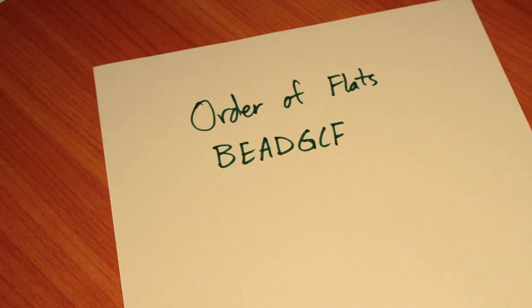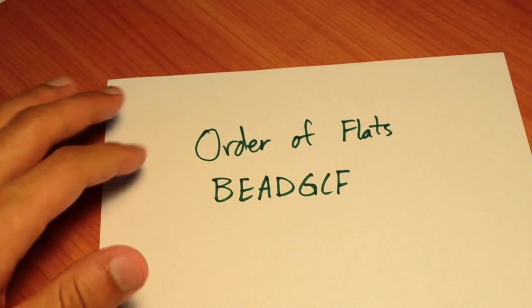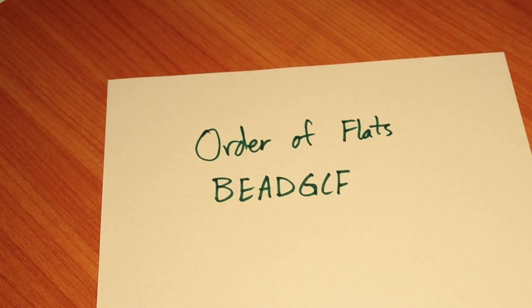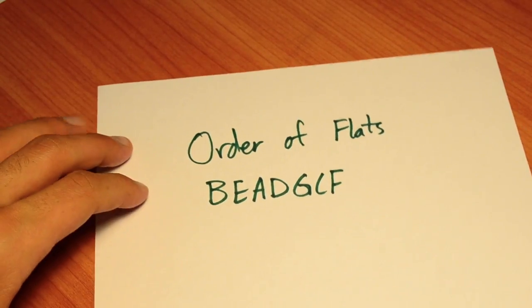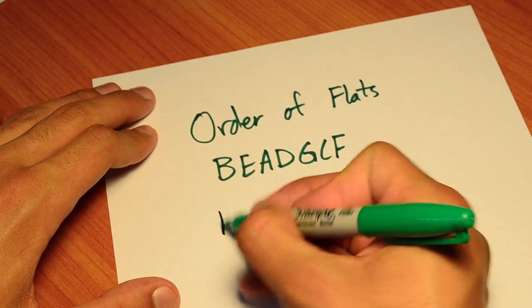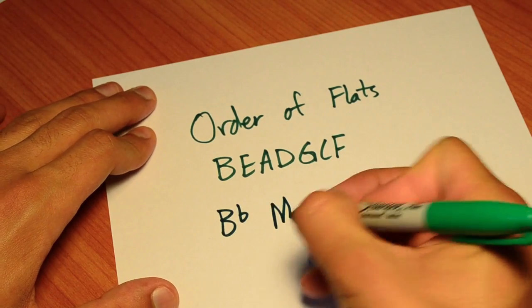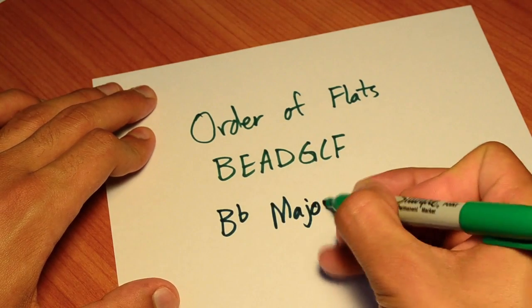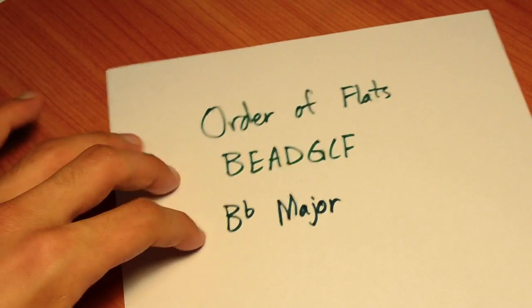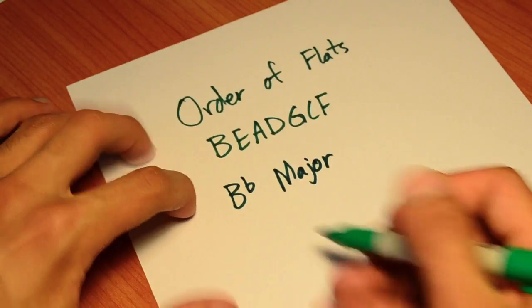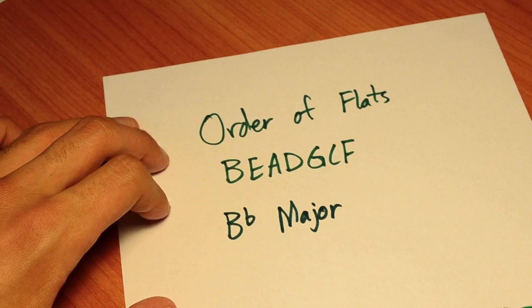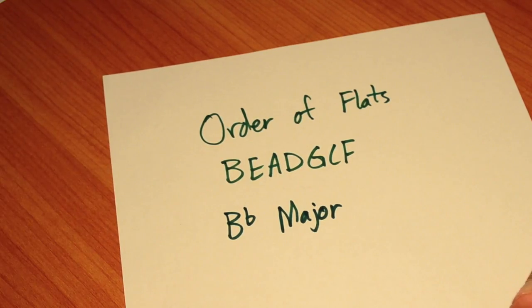But now going forward, you want to find out how we can use the order of flats to find out what flats are in a key. And so the rule for that ends up being, let's say we have a key like B flat major. It ends up being true that the tonic of the key is the second to last flat in the sequence, in the key signature.